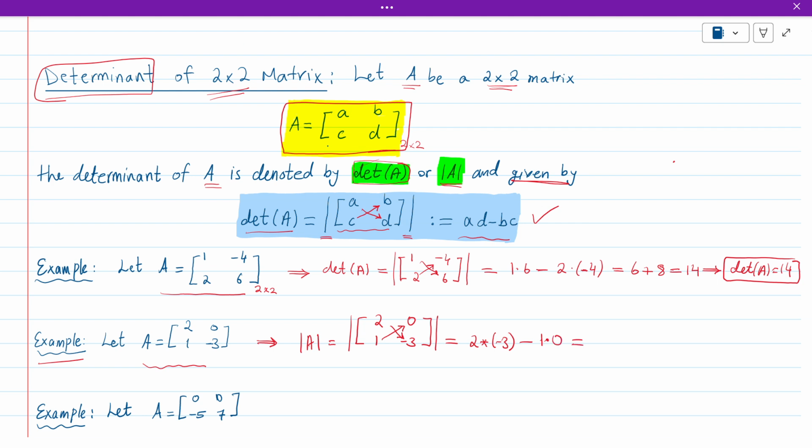Now this is 2 times -3 is -6, minus 0, which is -6. In short we can write determinant of A is -6.